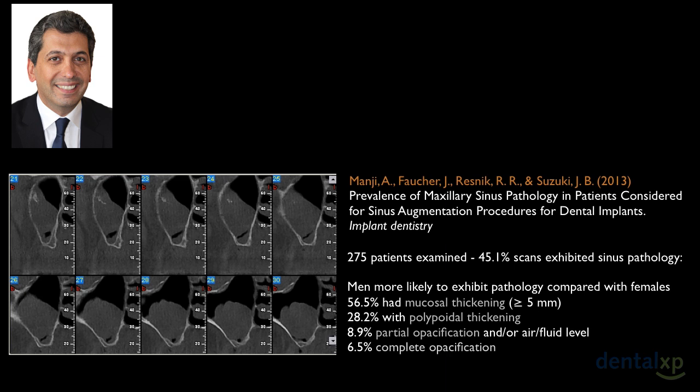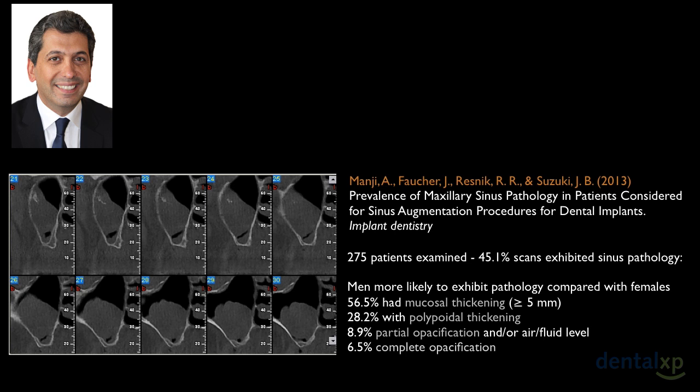Manji and co-workers, in a very recent study published in Implant Dentistry, examined 275 patients who were considered for sinus augmentation. They found that 45% of the scans exhibited sinus pathology, which is a huge amount.